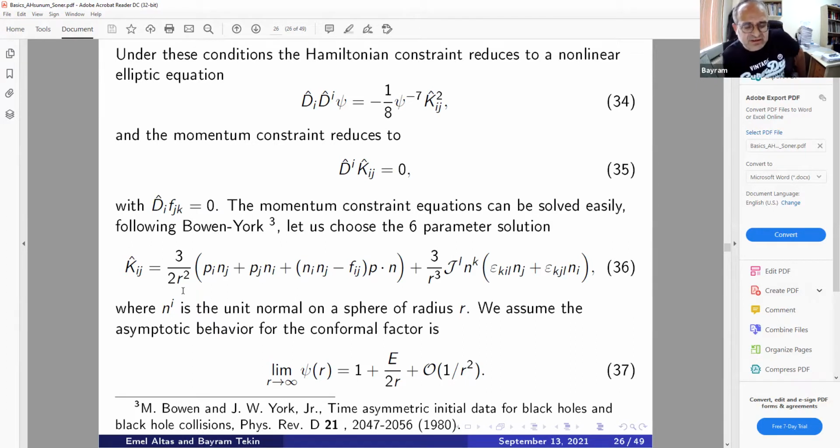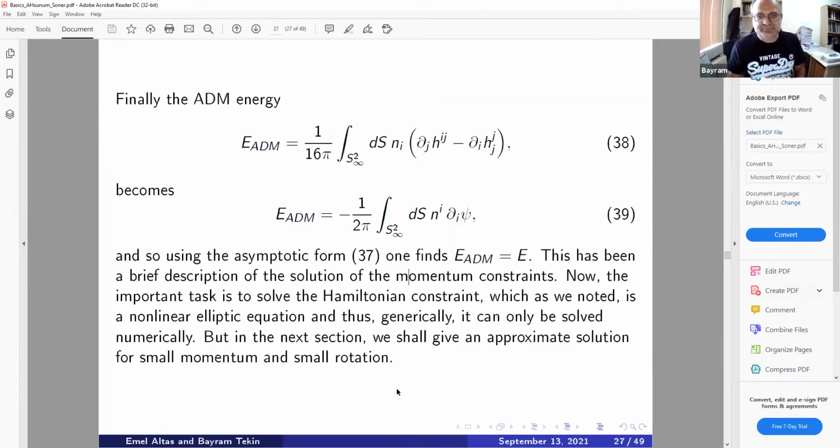Now, we are going to assume the asymptotic space to be conformally flat. That basically means the limit of this conformal factor phi as r goes to infinity is 1 plus e over r. If you have studied the Schwarzschild metric in conformally flat coordinates, you must recognize why I have chosen equation 37.